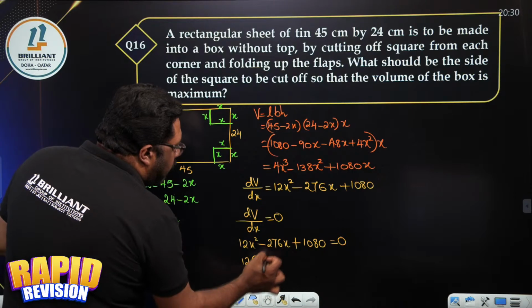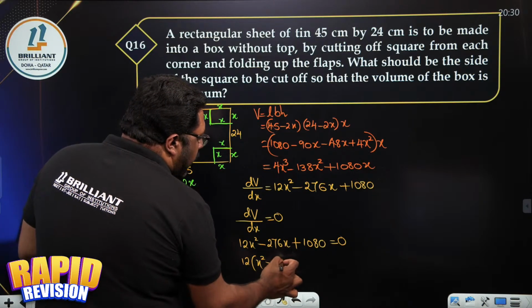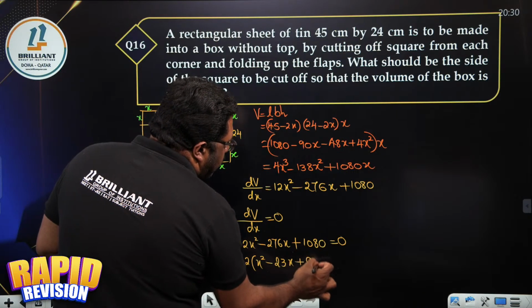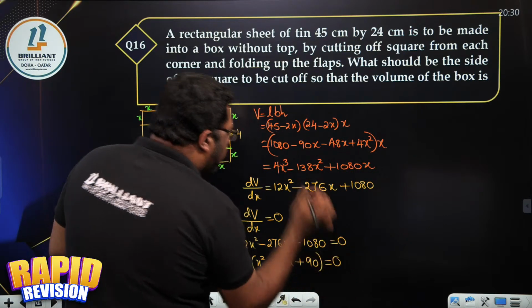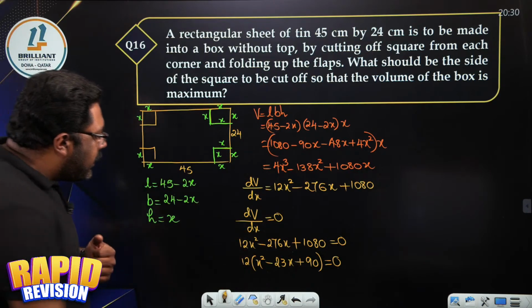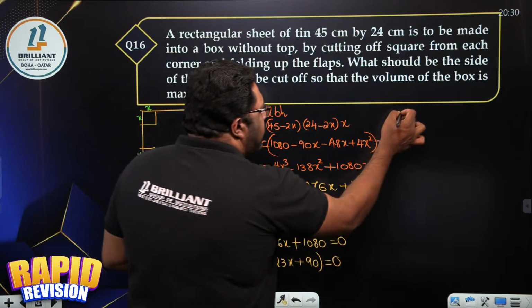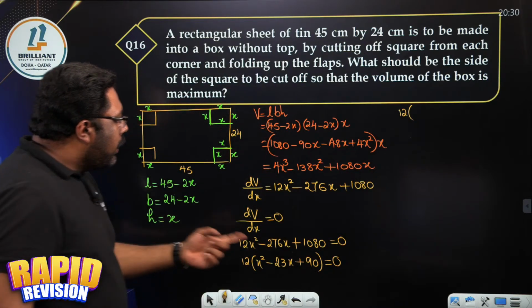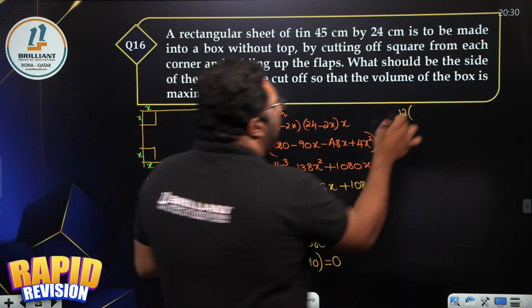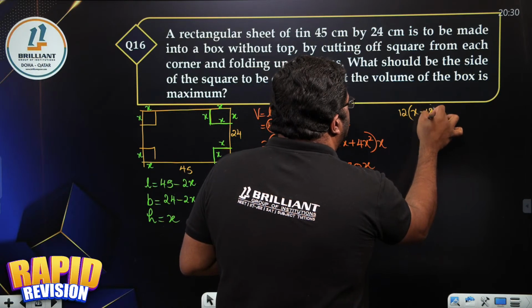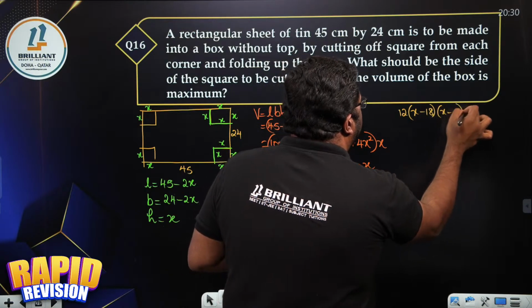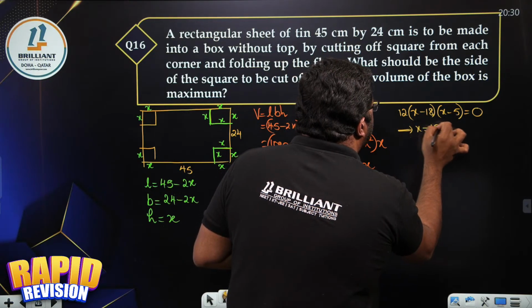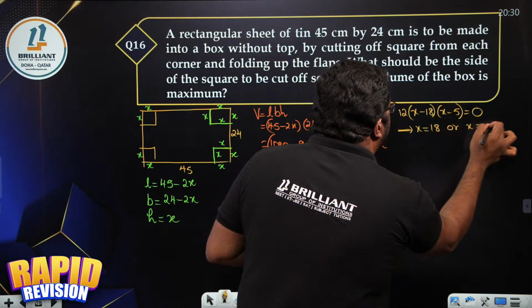It's x squared minus 23x plus 90 equal to 0. Factorize it. Product 90, sum 23: (x minus 18)(x minus 5). That implies x is equal to 18 or x equal to 5.